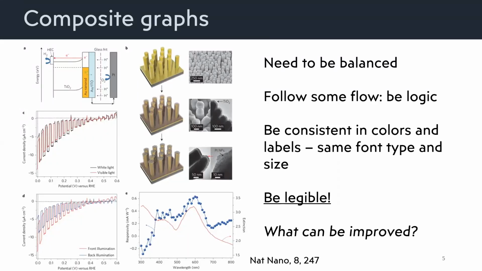However, in this case, and I was also drawing the same conclusion as you did first, but you realize that in panel C, they compare white and visible light illumination. So if you were to use the same color code in panel D, it might give the impression that you are also comparing these things.